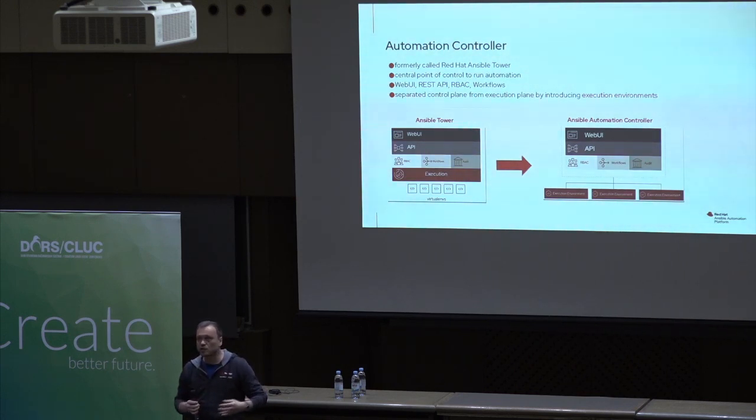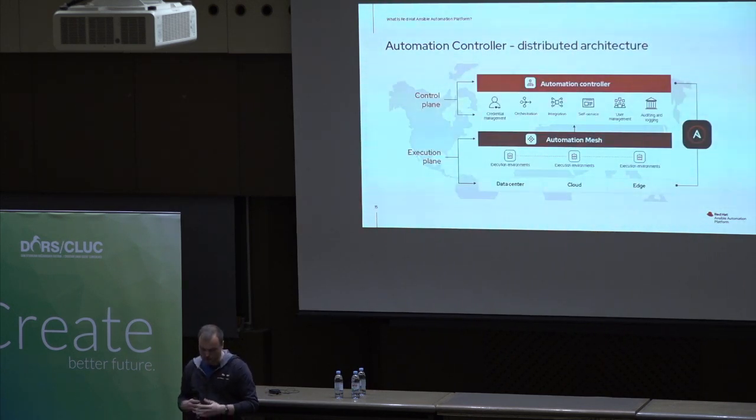We can orchestrate our automation with workflows, and so on and so on. And what is the main difference between former Ansible Tower and current Ansible Automation Controller? It is its architecture, because now we have a separation into the so-called control plane and execution plane. So now we have a so-called distributed architecture.